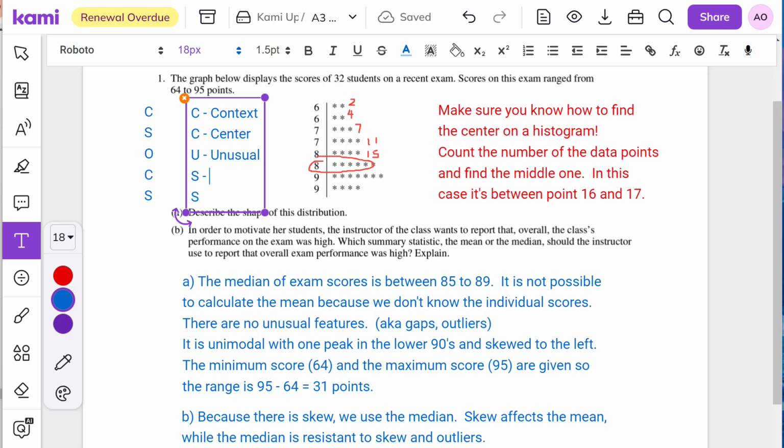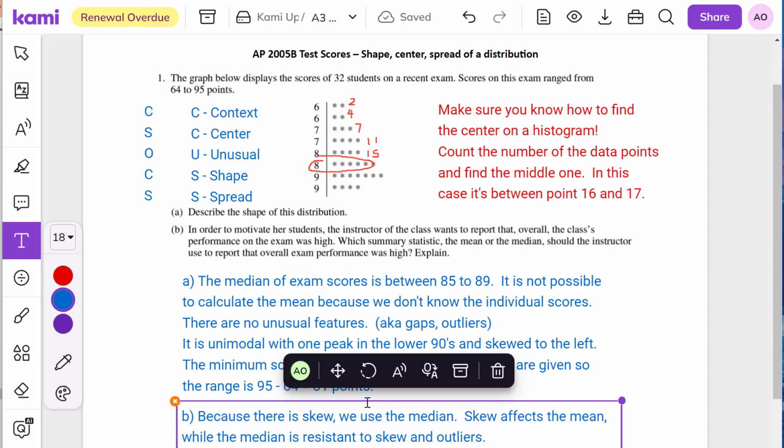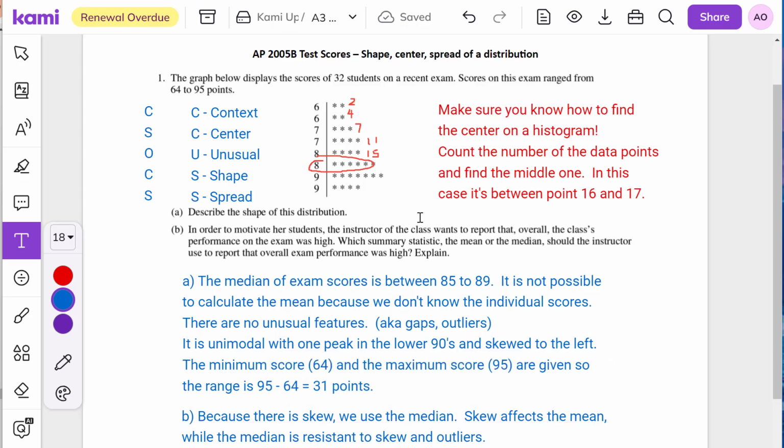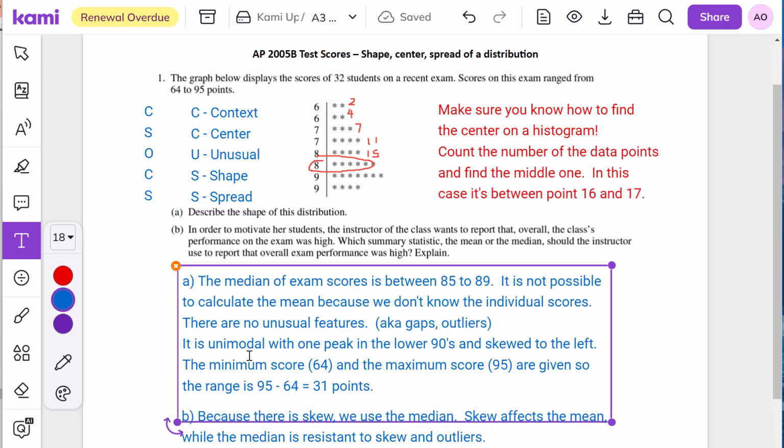So we got the shape, and then we had the spread, right? The context is test scores, so that's going to be spread throughout our answer. In fact, I might edit some of these as we go through it. I'm going to start with the center and make sure I mix context in between.